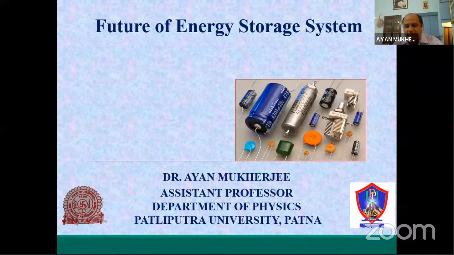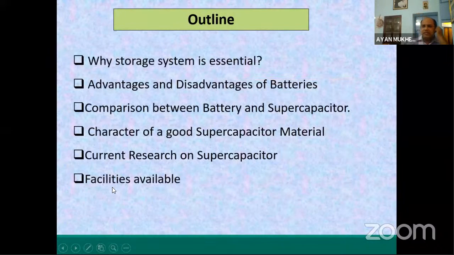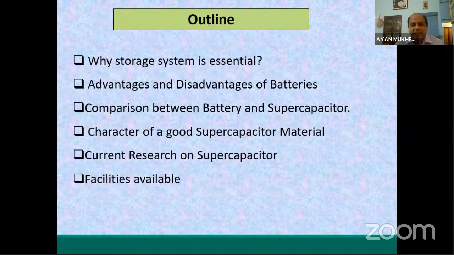Now the outline of our discussion will be based on why a storage system is essential. We know in general we use battery as a storage system. What are the advantages and disadvantages of battery?